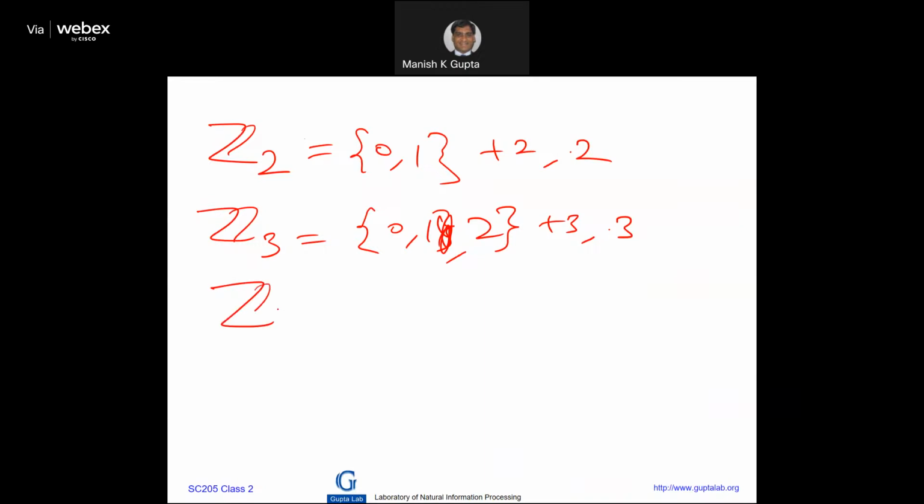What about Z4? Is it a field? Not a field. Why? Because not every element has an inverse, because 2 times 2 is equal to 0, but 2 is not equal to 0.